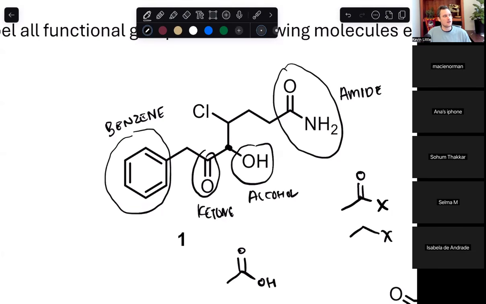The difference between benzene and phenyl is like the difference between calling something a methyl group versus methane. Generally, when we call something benzene, it's the first name of a naming situation. So when benzene's the main character, we call it benzene, but when it's a side character, we call it phenyl.